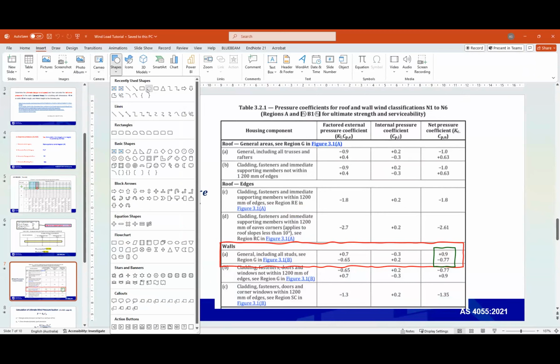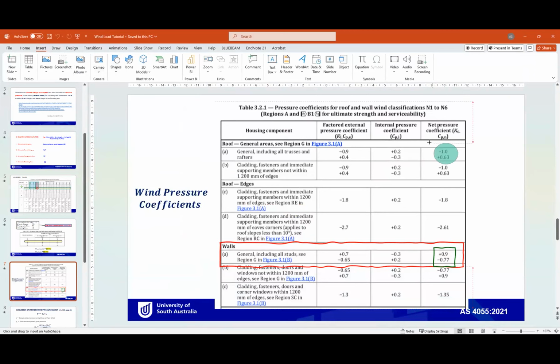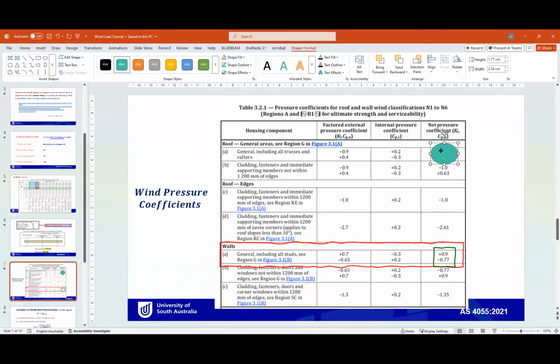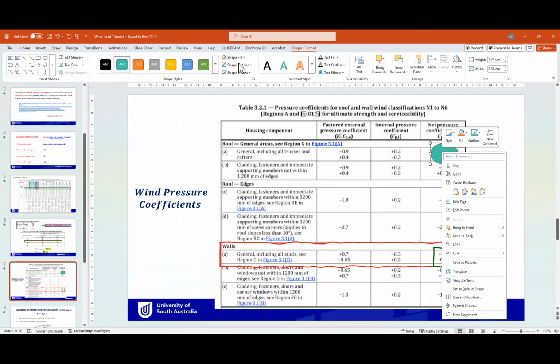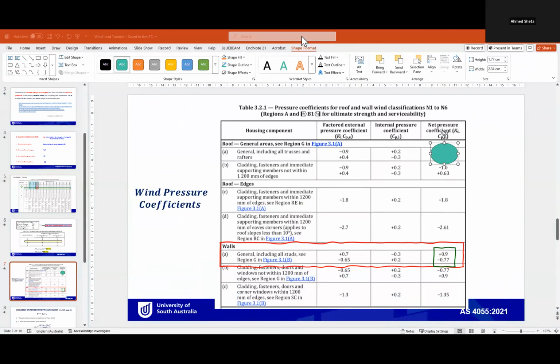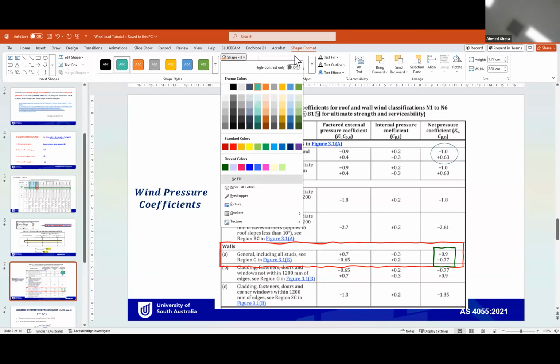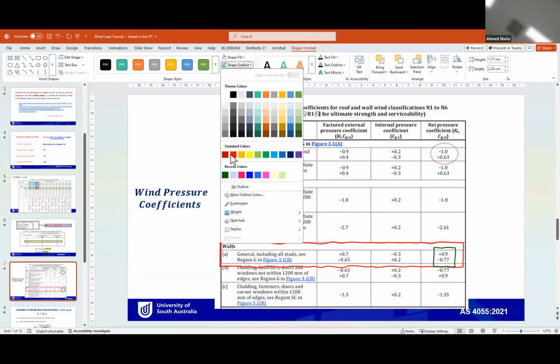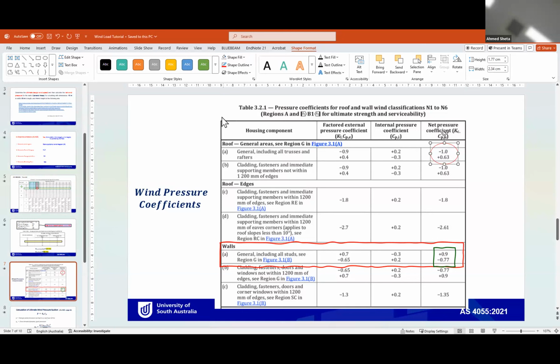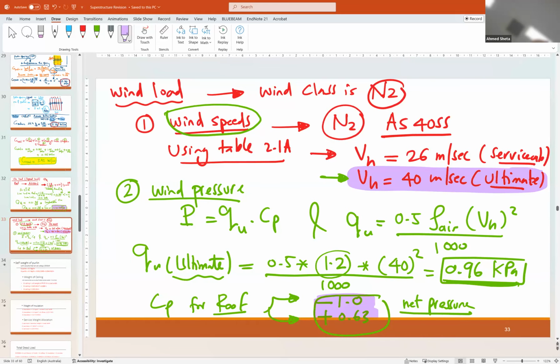So for a rafter, these are the two values. Okay. So the factors are -1 and positive 0.63. So these are the two values we know now for the CB.